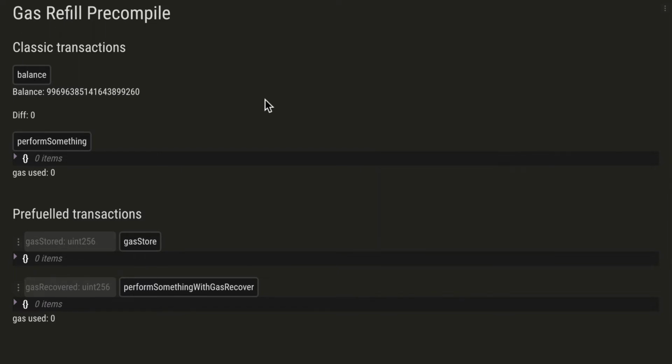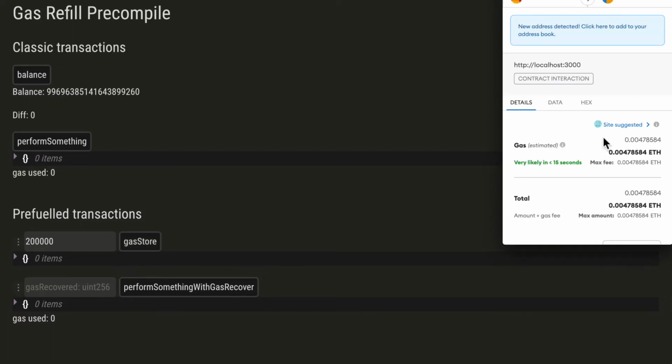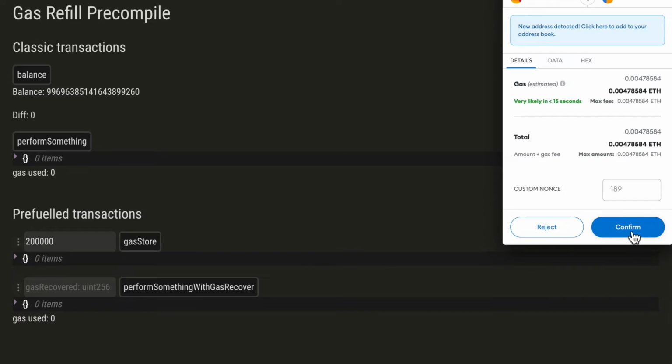So first, let's store some gas. 200,000 gas units. And we are going to be using a gas price of 21 Gwei for all the transactions that we are doing.